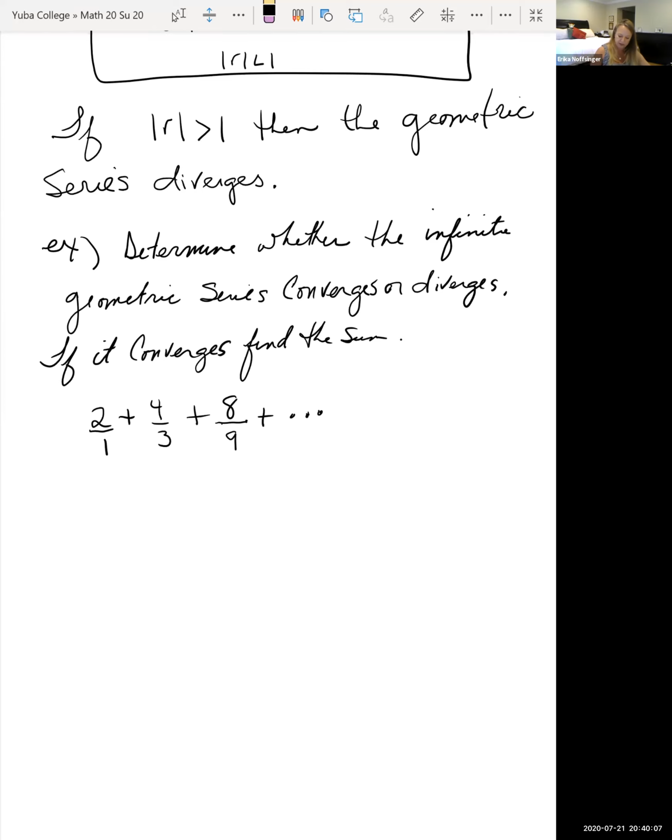So let's first find a sub n and the sequence: 2, 4/3, 8/9.